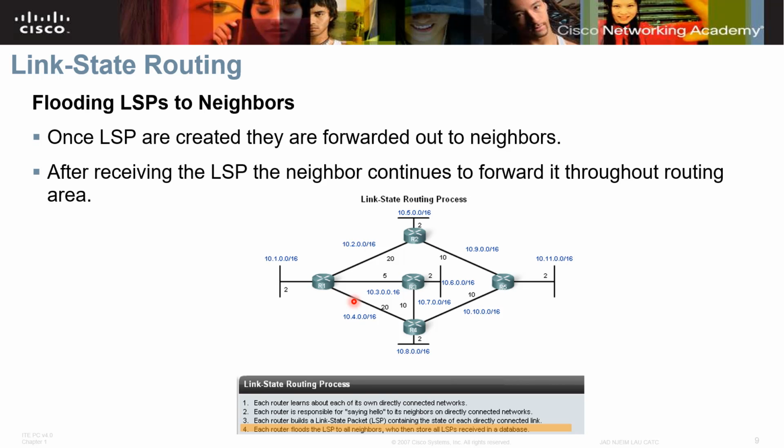One difference between this link state protocol and distance vector protocol is flooding the link state packet to the neighbors. This is what I said to you a few minutes ago. What do we mean by flooding link state packets?